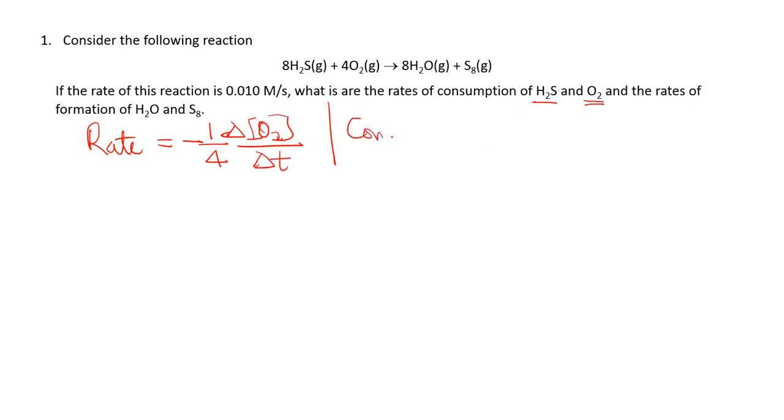But consumption of oxygen is given by only change in concentration of oxygen over change in time. So that's the rate of consumption of oxygen. So we remove the coefficient.